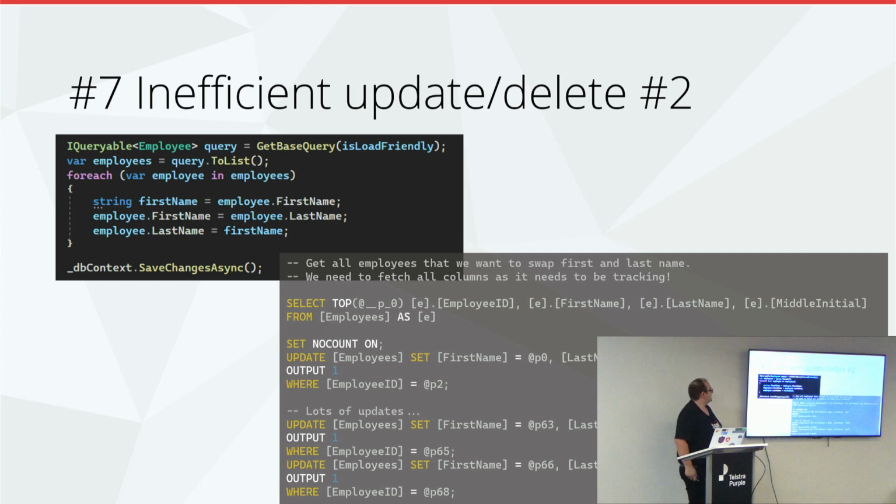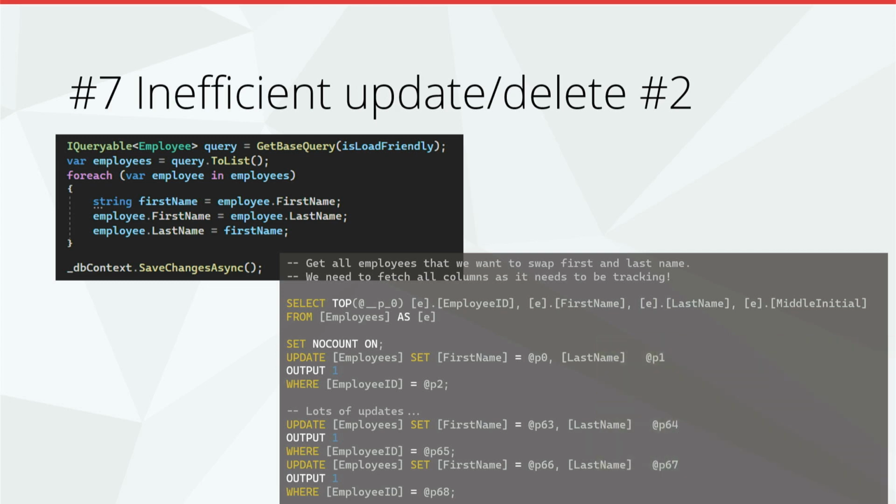So here is how we would do it in the old ways. So we have here a query. We get the list of the employees. In this case, I just want to swap the first name with the last name, just because I can. And I do a for loop, and then I save changes. What's important here is I'm doing a select statement over here, and I'm gathering all of the data, and I'm not interested in all of the data.